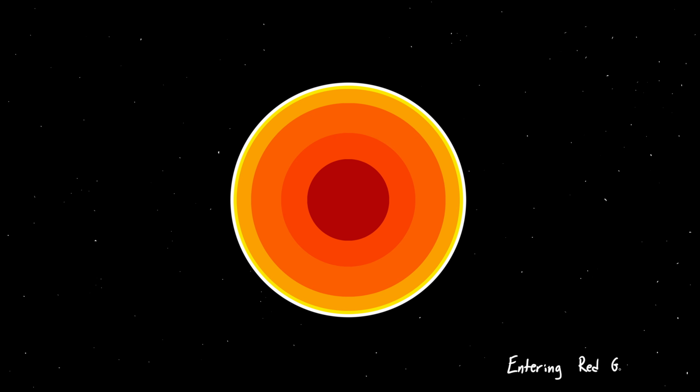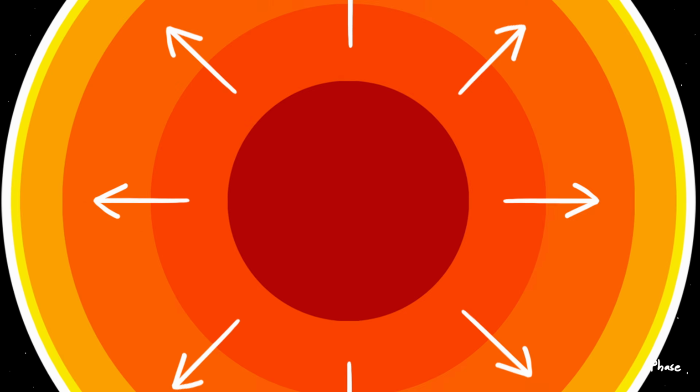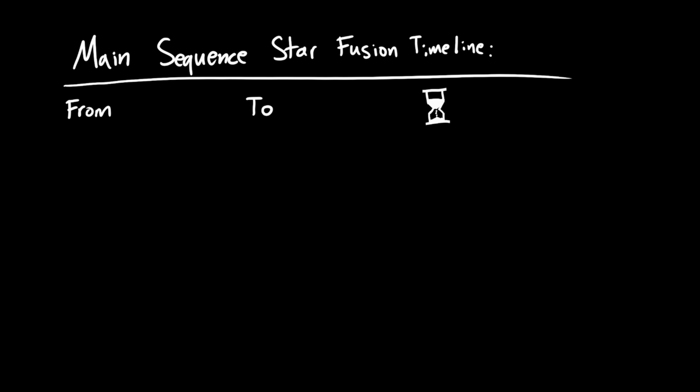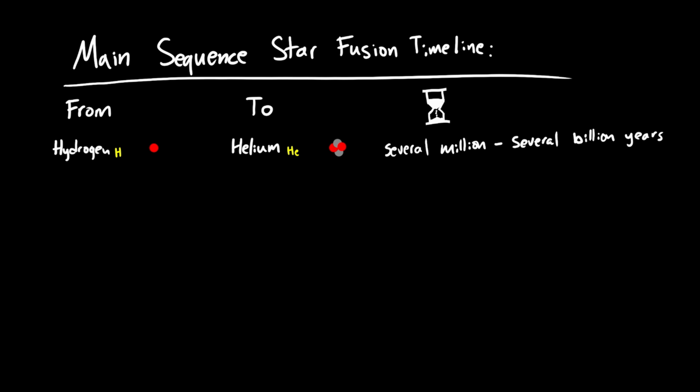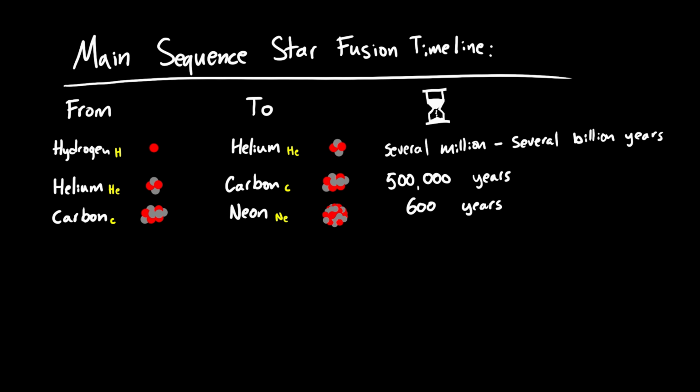That additional pressure starts the next phase in the fusion process, which is forcing helium to fuse into carbon. This step takes a main sequence star about 500,000 years to complete. Once that is completed, carbon then fuses into neon over the course of 600 years. Neon fuses into oxygen within a year.